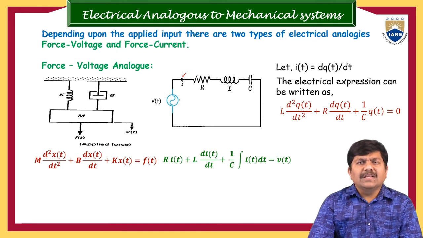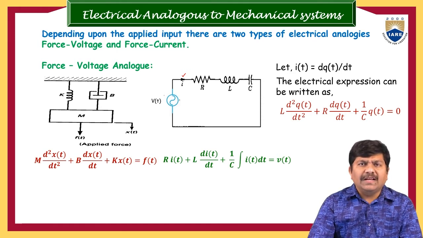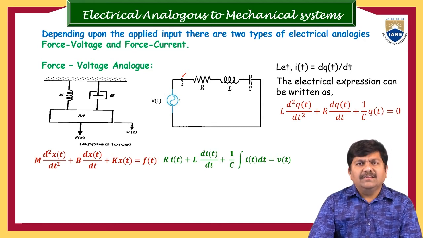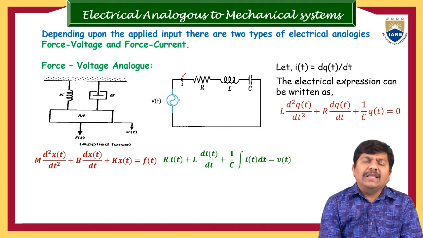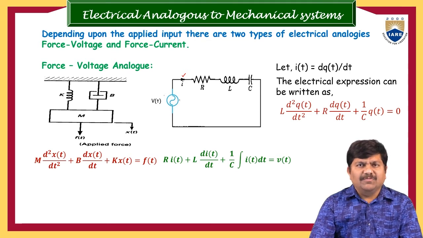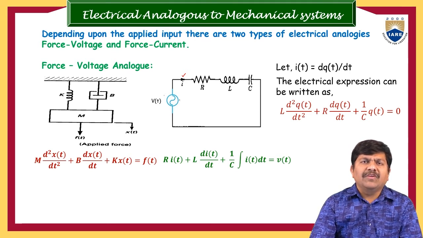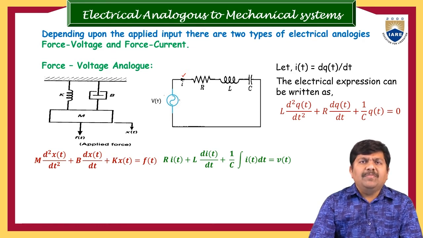That is Newton's second law of motion. With the help of this fundamental law available in the mechanical field, we derived the mathematical equivalent of the given mechanical system, which is m d square x by dt square plus b dx by dt plus k x equal to the applied force.